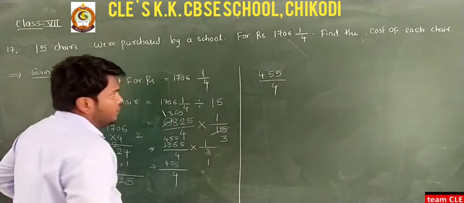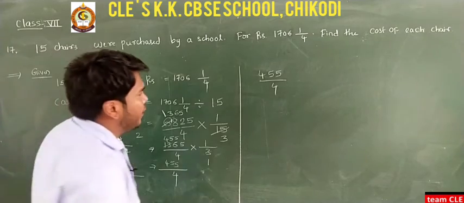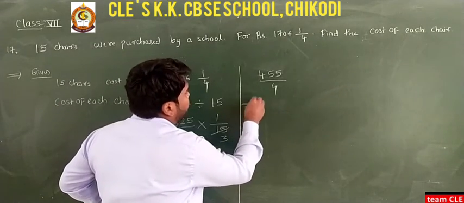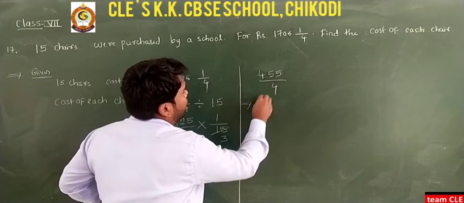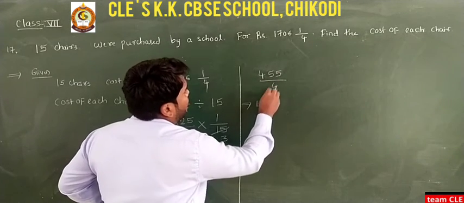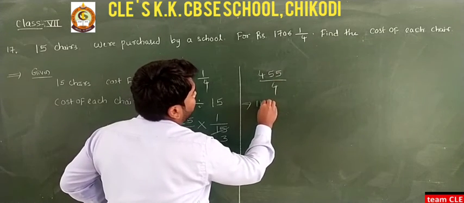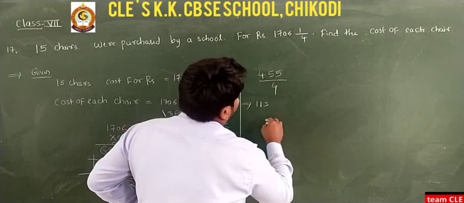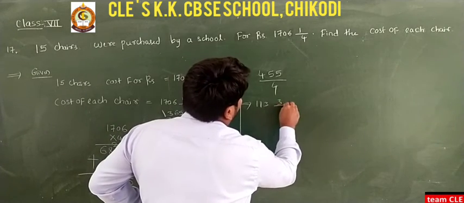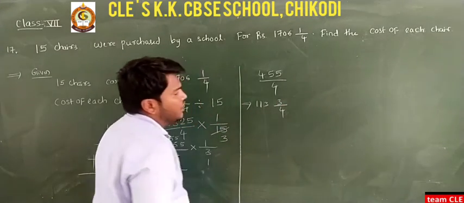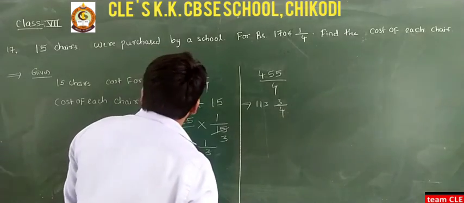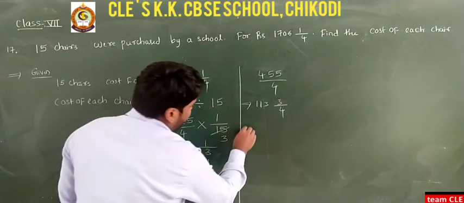Now convert this into a mixed fraction. 4 ones are 4, then 15, 4 threes are 12, and 3 by 4 remains. So 113 integer 3/4 is the cost of each chair.